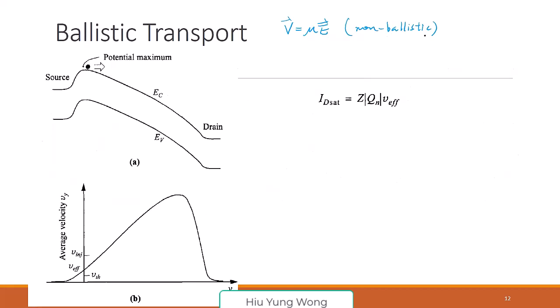It means I accelerate the electron for a while, then it hits something and loses the energy, and then accelerates again, hits and loses energy again. Overall, it's going to transport at a final velocity related to the electric field by mobility. And that's called mobility. That makes sense, right?